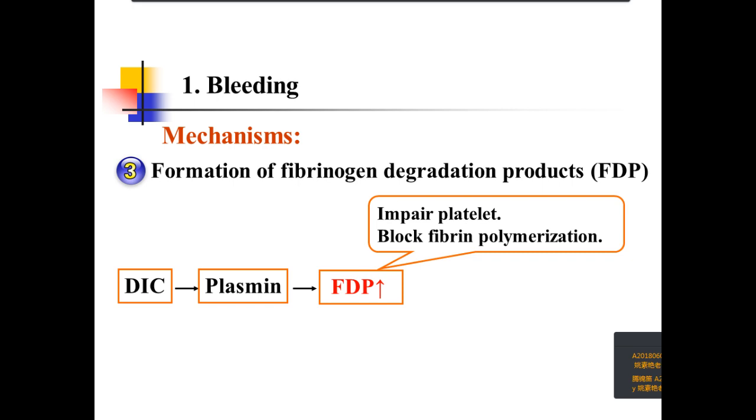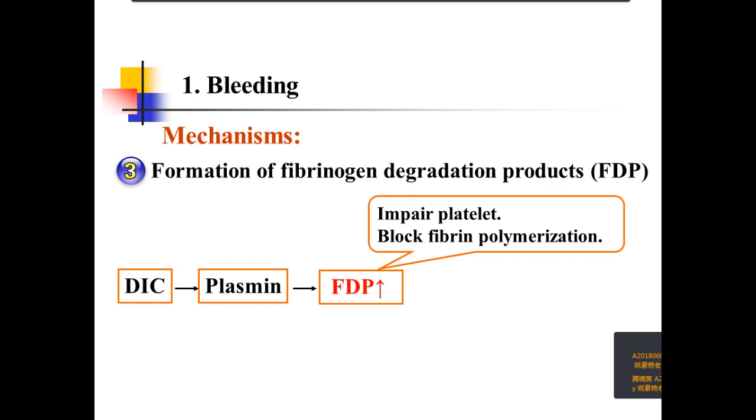Now the last, during the secondary fibrinolytic stage, plasmin can hydrolyze fibrin and fibrinogen and form degradation products, so it forms FDP.